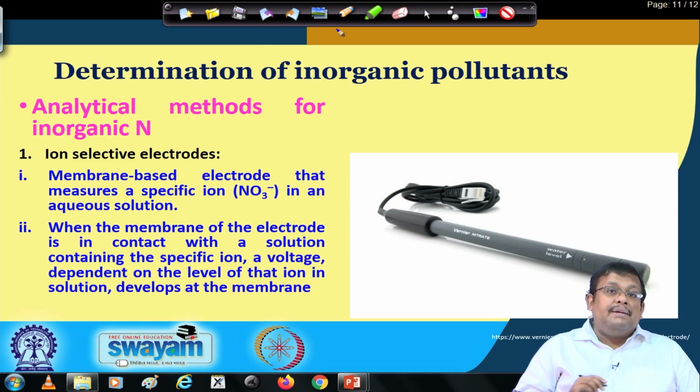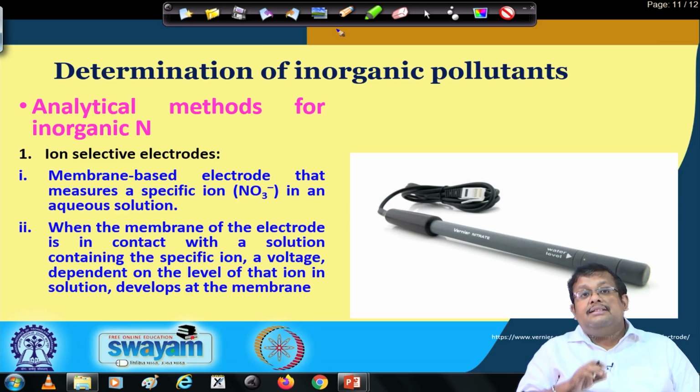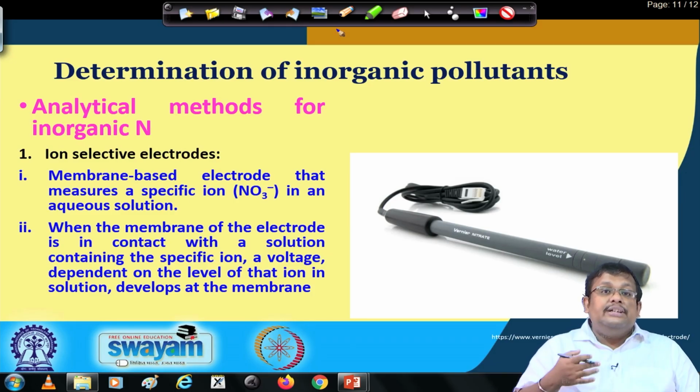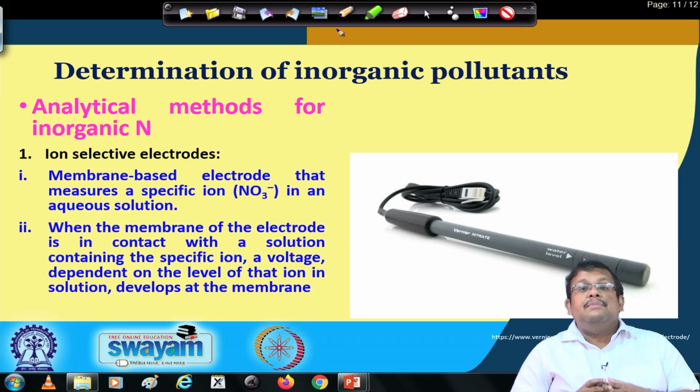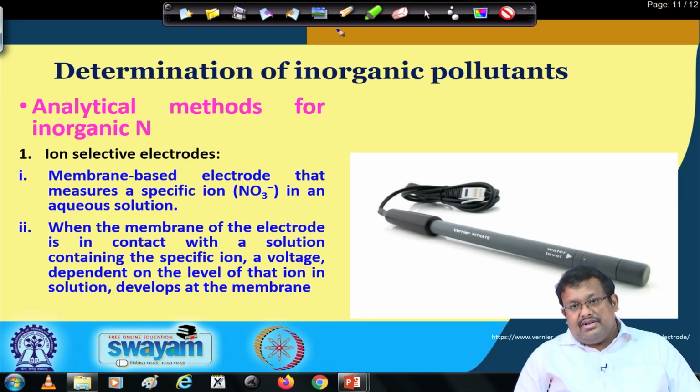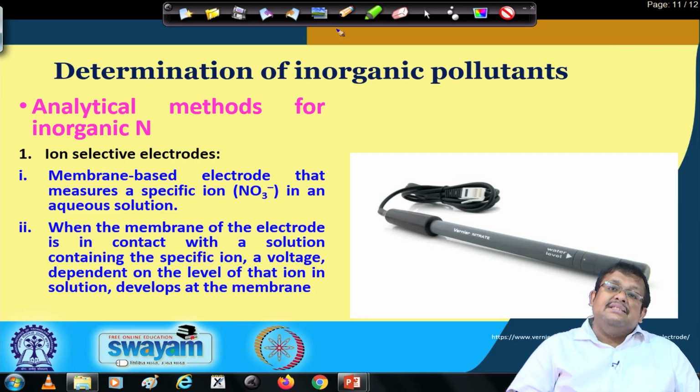When the membrane of the electrode is in contact with a solution containing the specific ion, a voltage dependent on the level of that ion in the solution develops in the membrane, and that is why we can measure the ion concentration. This is basically the principle of this tool. It is a membrane based tool.